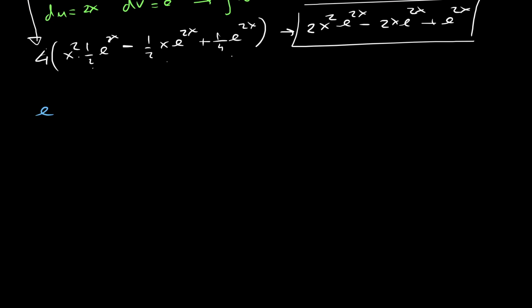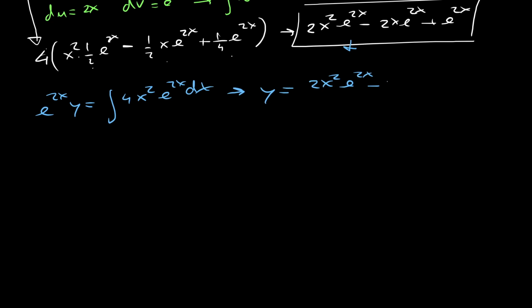So this was our initial expression, 4x squared e^(2x) dx. And now y is equal to the whole expression that we have just found here: 2x squared e^(2x) minus 2x e^(2x) plus e^(2x), divided by this one.